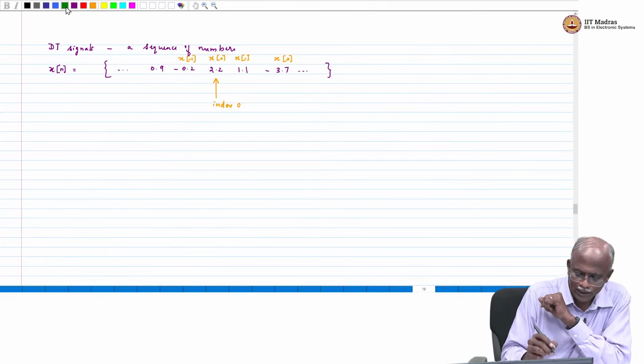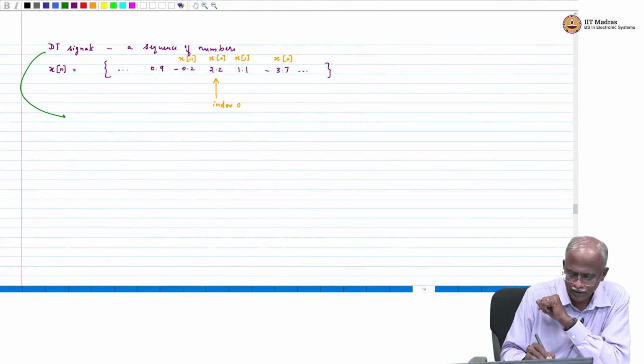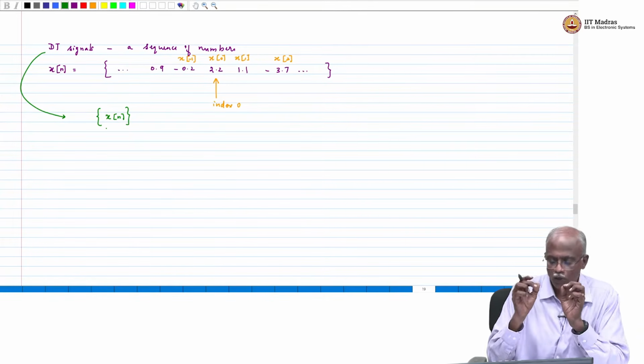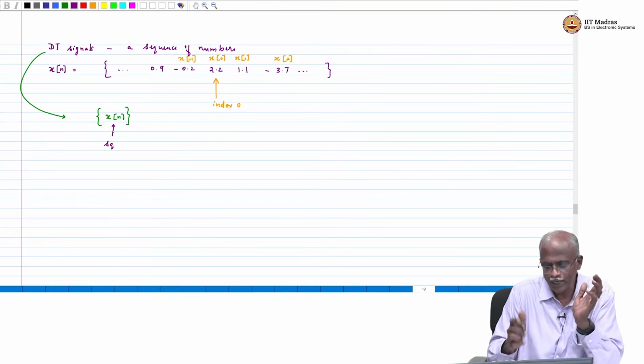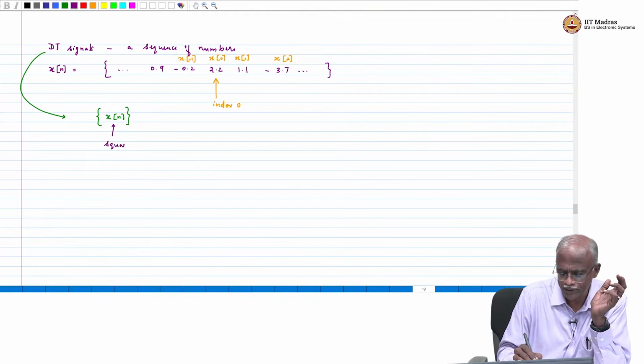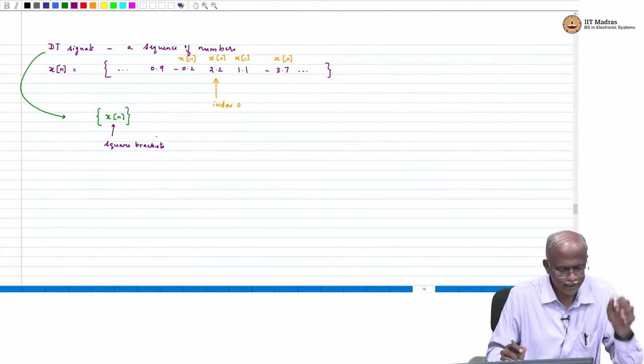So, the representation of a discrete time signal is within curly brackets, x of n. This basically means that you are talking about a discrete time signal. These are square brackets, note, compared to the round brackets for a continuous time signal. So, we would always use square brackets for a discrete time signal.